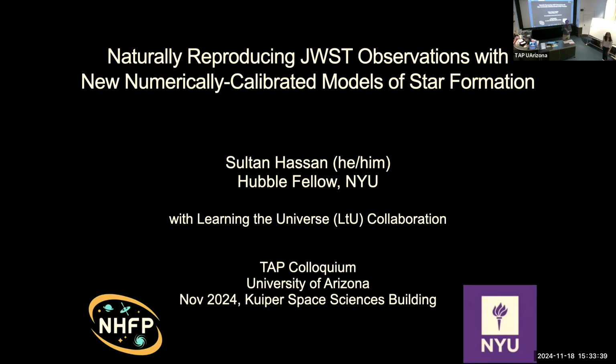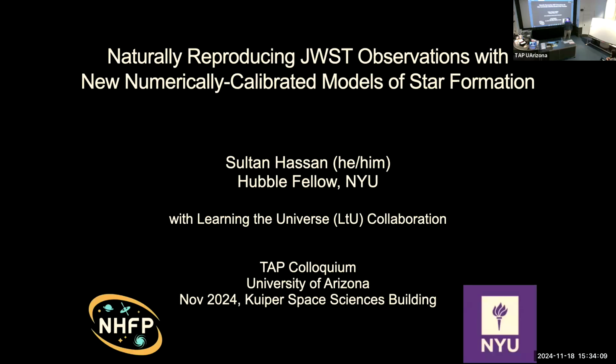It's a great pleasure to introduce Sultan Hassan, who is now Hubble Fellow at NYU and Kaggle X Fellow at Google. Sultan did his bachelor's in Sudan, then he moved to South Africa, where he did his master's, PhD, and first postdoc, a very different university. Then he moved to New Mexico, right across the border.